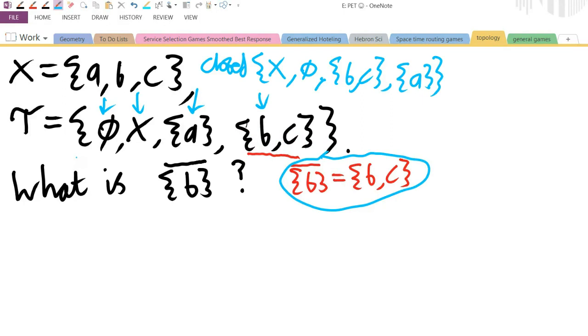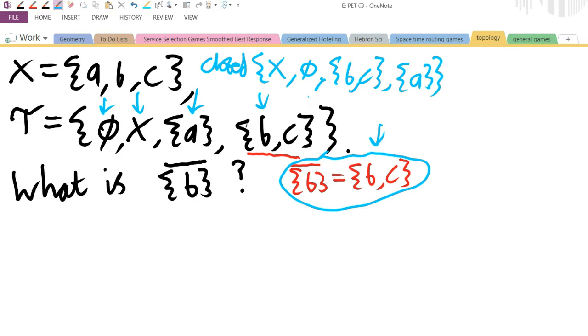Okay then, so let's try and prove that this result is true using the idea of limit points. So remember, the closure of a set is equal to that set in union with all of its limit points.